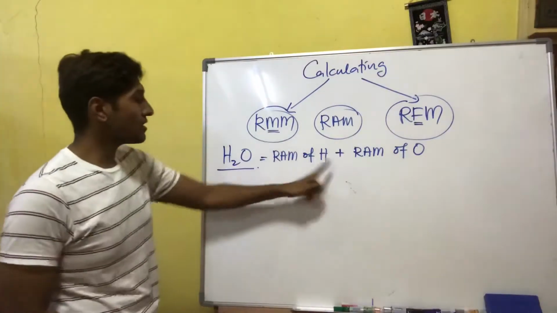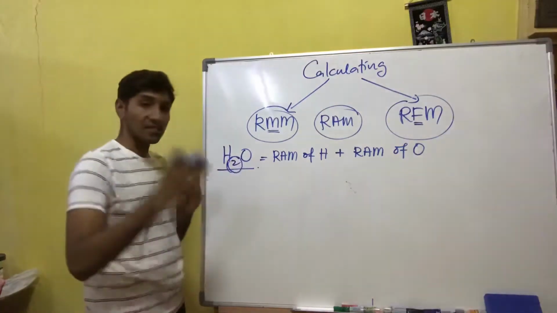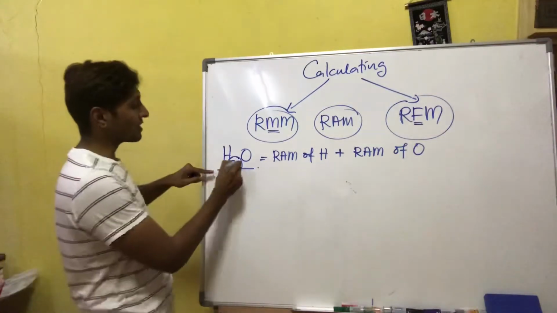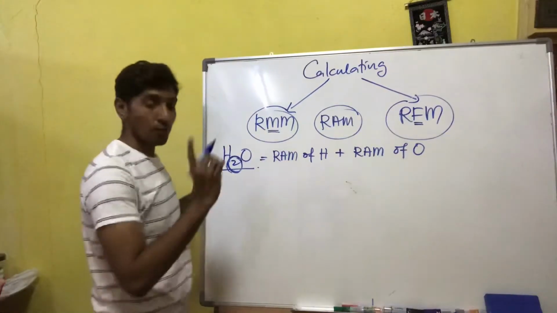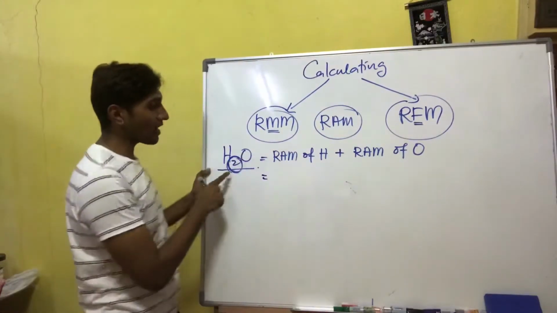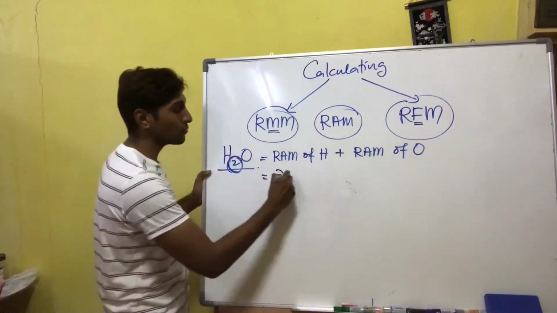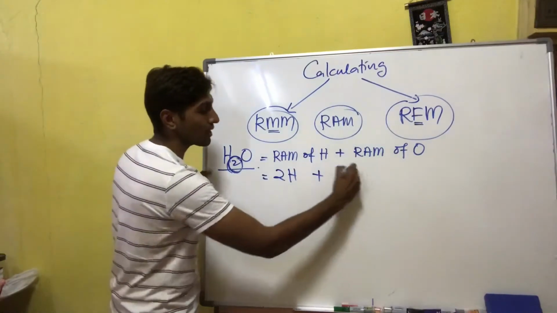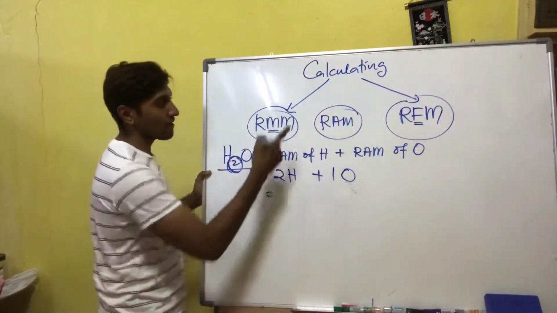You need to know that the number below here does have a part in the calculation, which is how many hydrogens you have. So H2O, you have two hydrogens, so 2H and 1O, right? So what is the RAM for hydrogen?